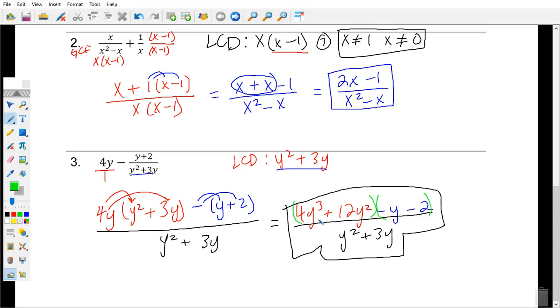When I start grouping though, this is gonna factor out to become 4y, y plus 3. When I group this one, it's gonna factor out to be y plus 2. Can I do anything further past that? No, because your binomials have to be the same. And my binomials would not be the same, so therefore, this is not factorable.